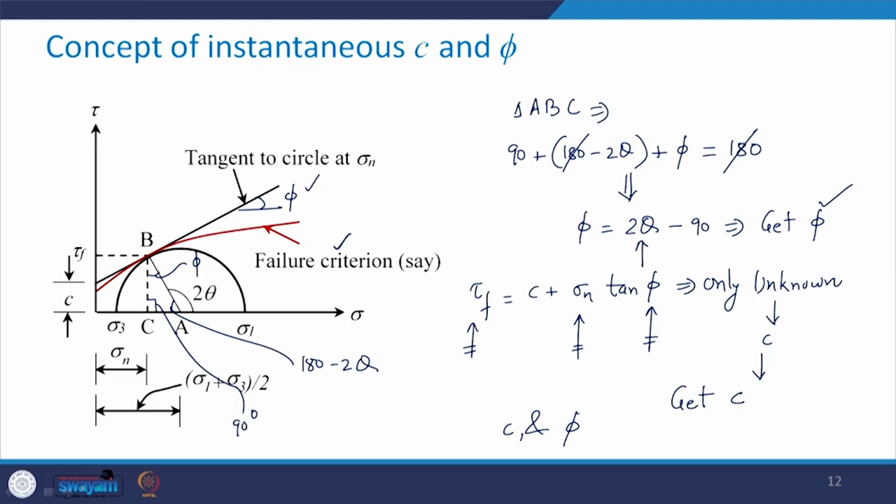So let us summarize this. In the beginning, you have a non-linear relationship between sigma 1 and sigma 3 or between tau and sigma.